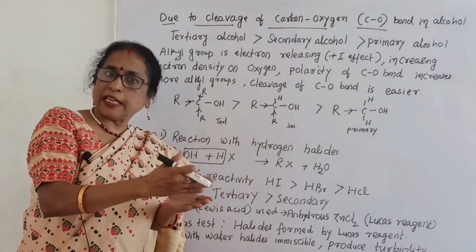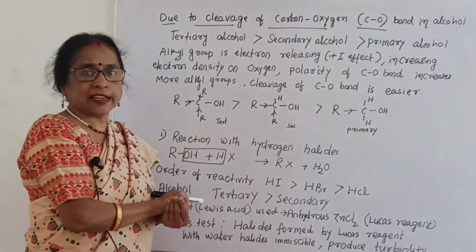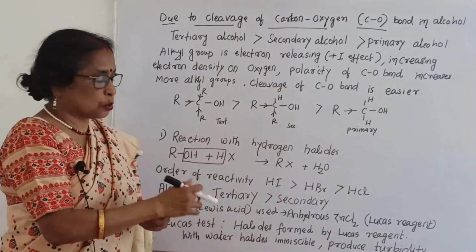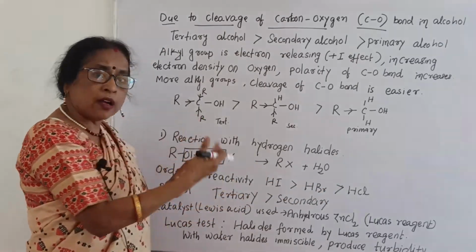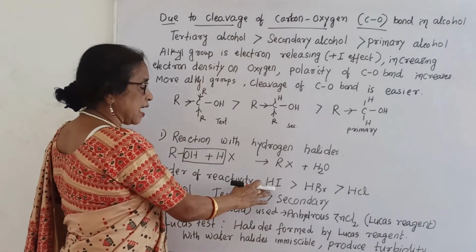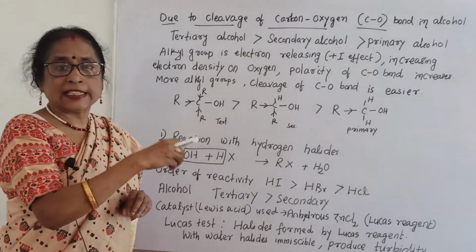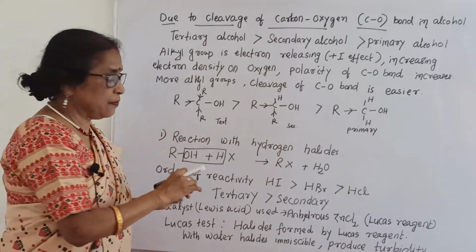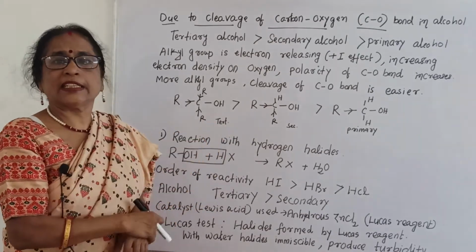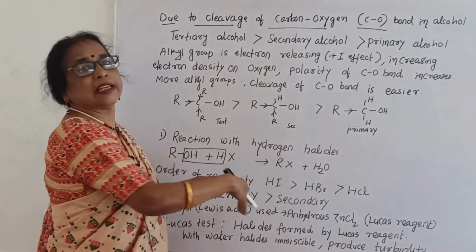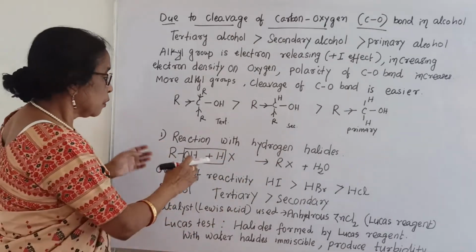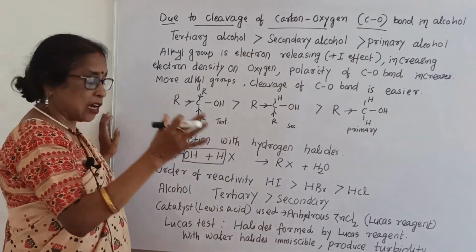The size of Br is less than I but greater than Cl. So the order of reactivity is HI more than HBr, more than HCl. With HI the reaction is very easy, with HBr it is less reactive, and HCl is the least reactive towards ROH, towards alcohol.